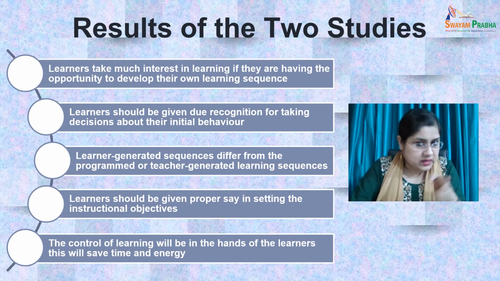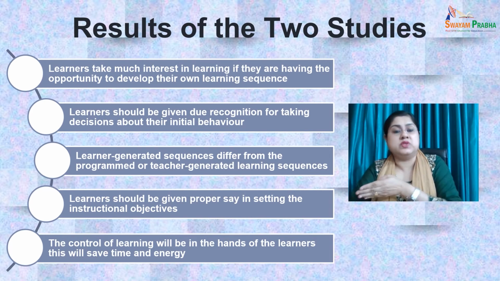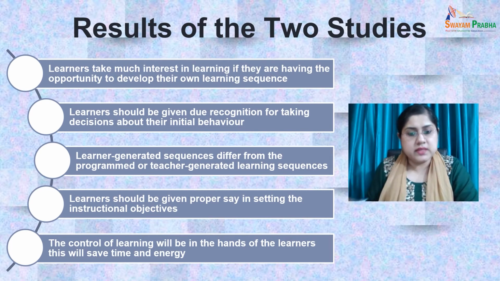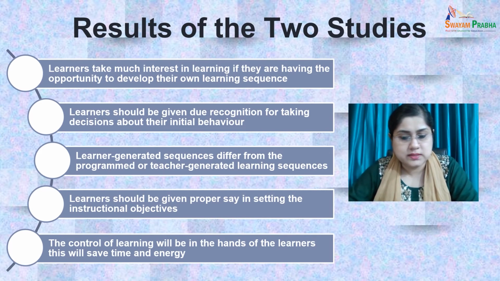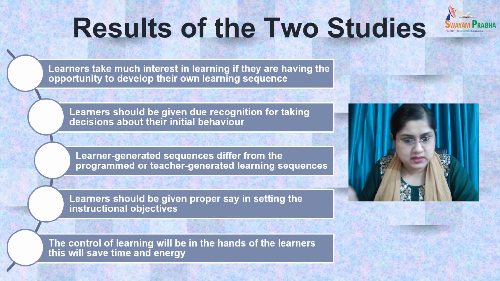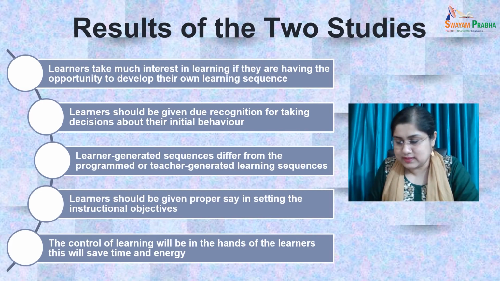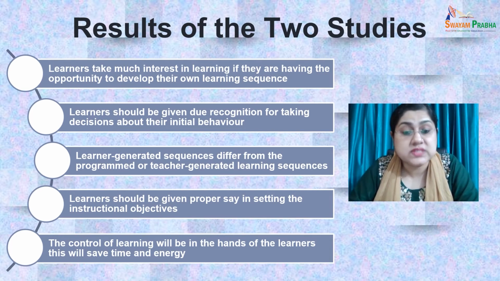If the learner takes hold of the entire teaching learning process, the time and energy of both the learner and the teacher will be saved, because the needs will be kept in front of the process and no time will be wasted. Wherever the interest is going on, the learner is going to make the way for the process of learning and also teaching.